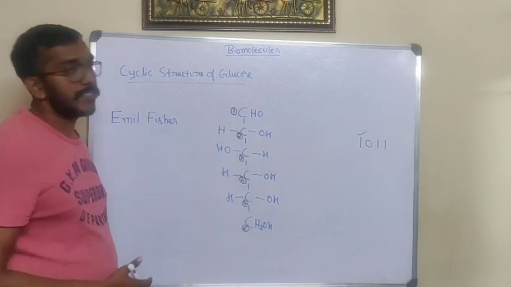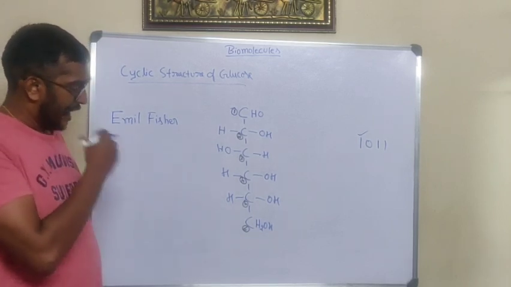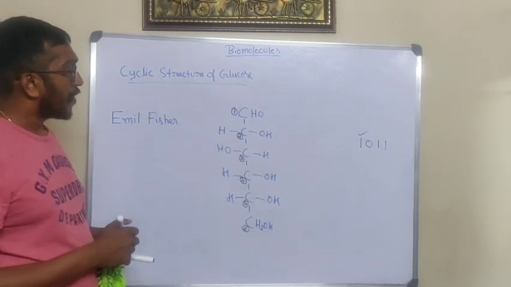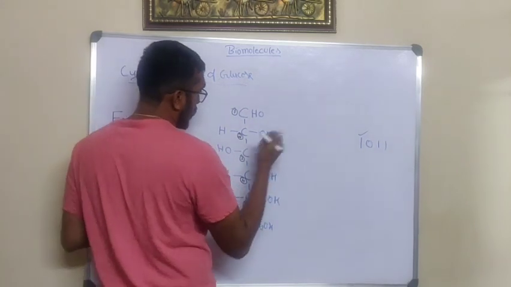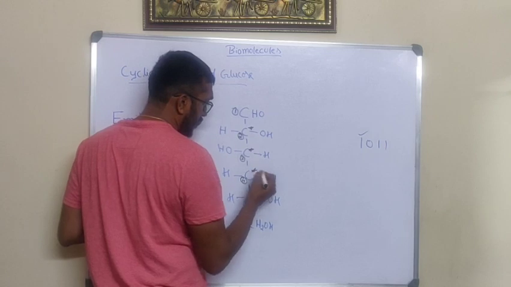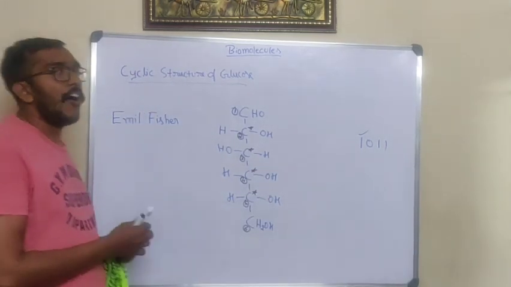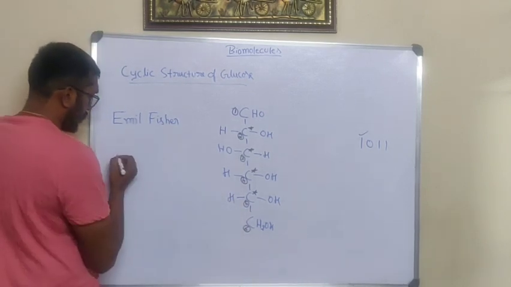How to write the closed chain structure of glucose? If we observe clearly, there are 4 chiral carbon atoms: 1, 2, 3, 4. Then how many isomers or stereoisomers will there be? What is the formula?